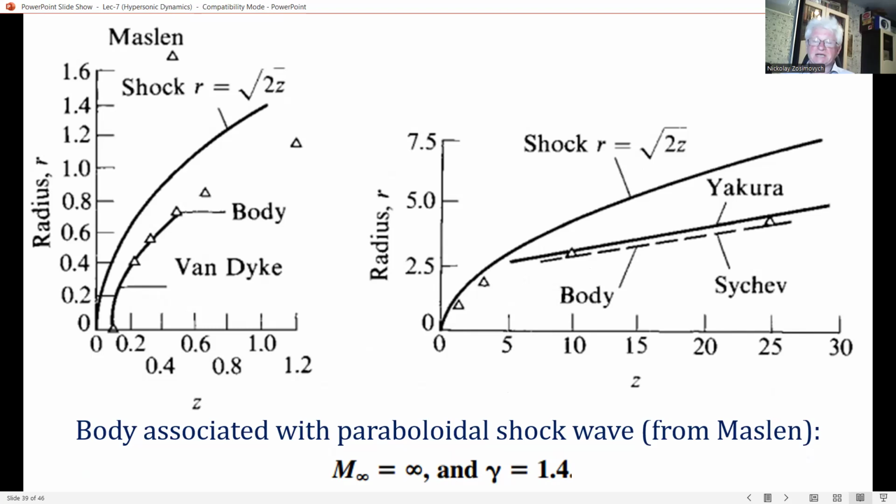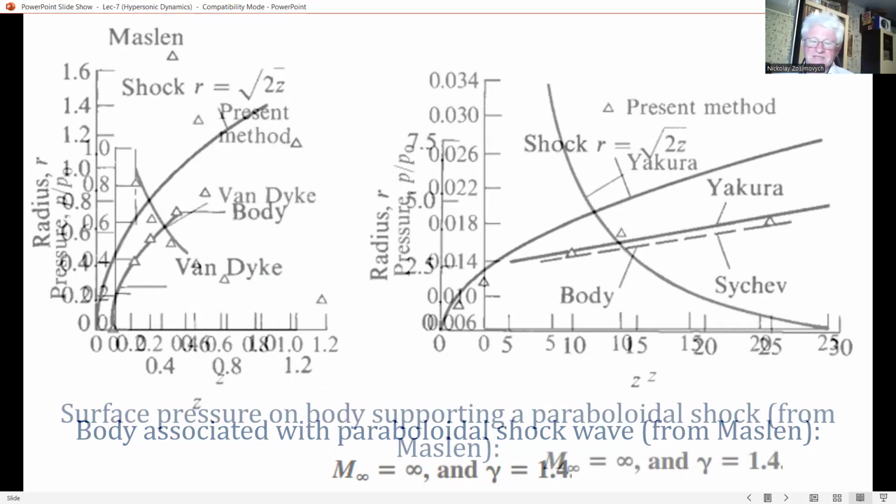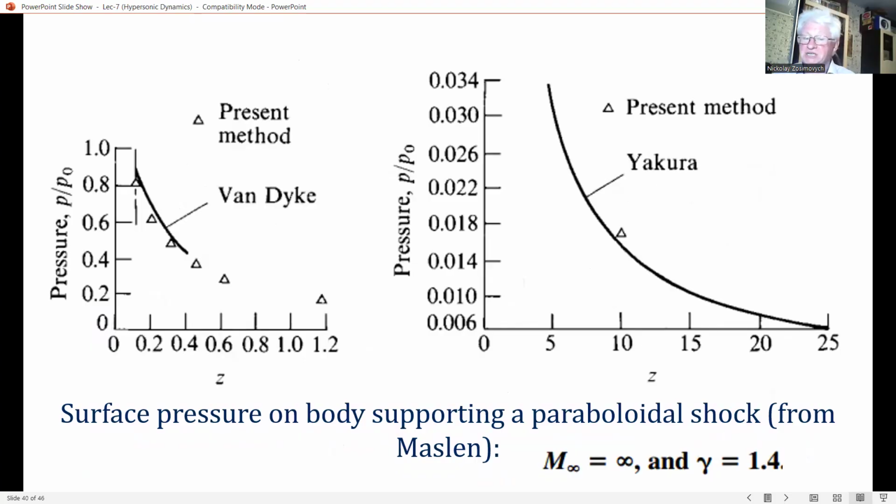Here, Maslin's results are compared with the theories of Yakura and Sichov, based on hypersonic small disturbance theory and blast wave analysis. The corresponding surface pressure distribution is given in terms of P over P naught. P naught here is the stagnation point pressure, right?